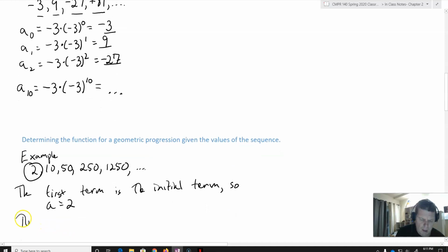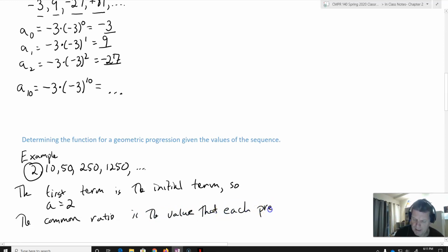The common ratio is the value that each previous term is multiplied by to get the next term.